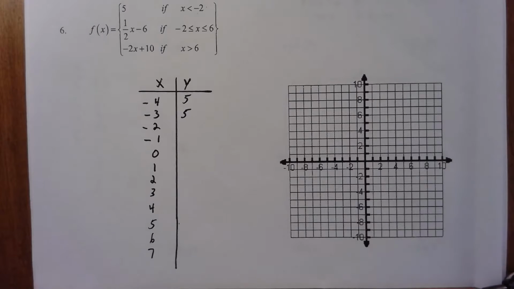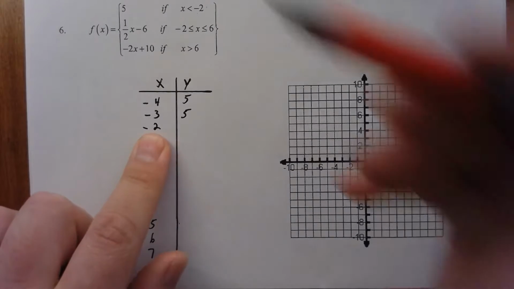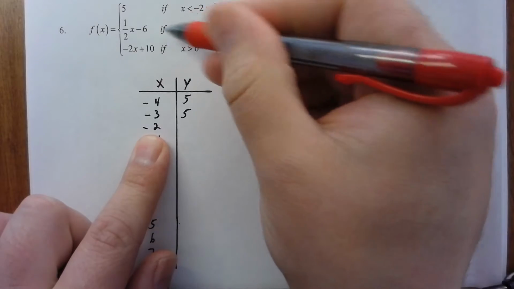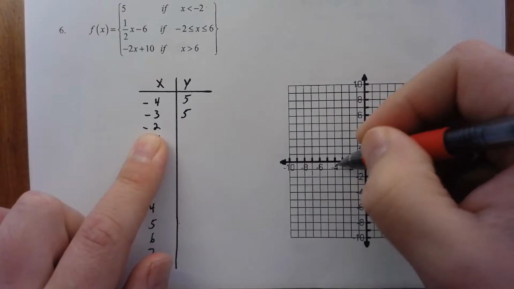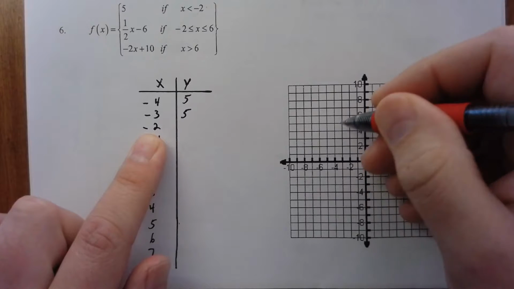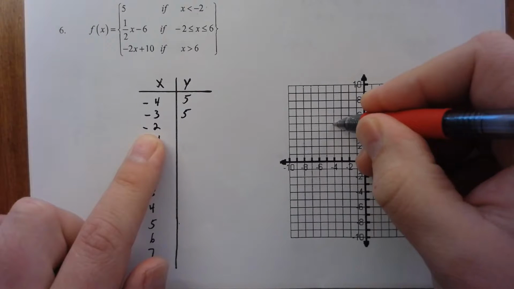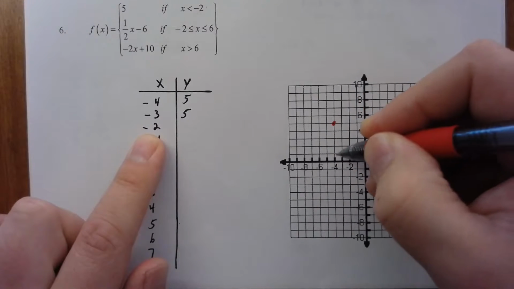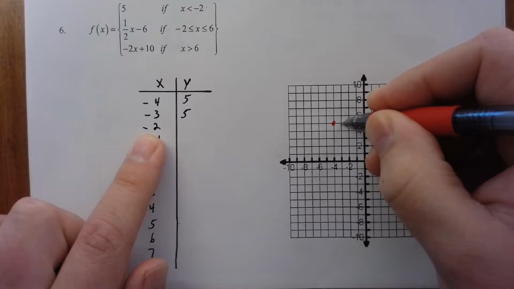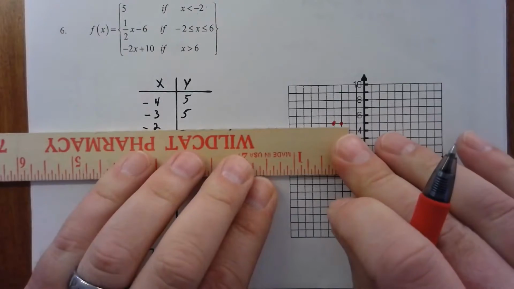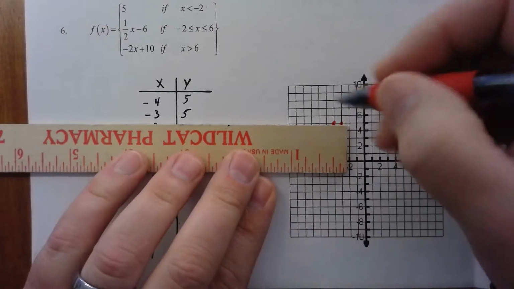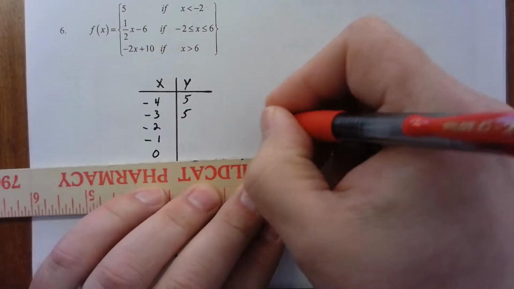So if I go down here to -2, it's going to switch over to this equation here. So I'm going to go ahead and graph these. We're going to have -4 goes with 5, and then -3 goes with 5, and draw a line going to the left, because that's the direction my inequality is telling me to go.